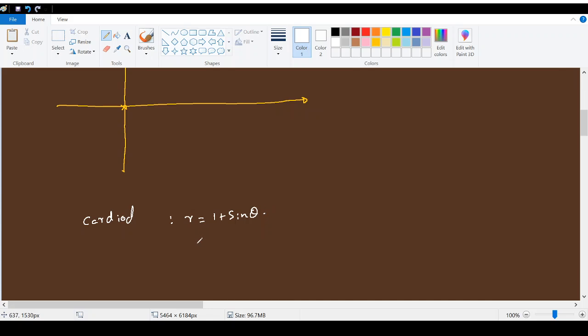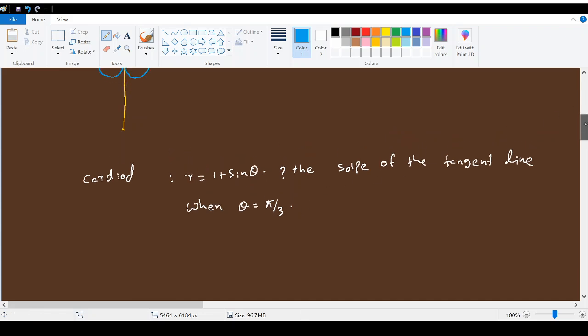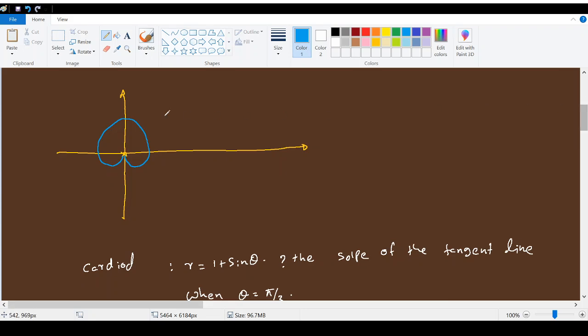And suppose we are asked to find the slope of the tangent line when theta is equal to pi by 3. Also remember, the cardioid is a structure like this, an inverted heart shape.